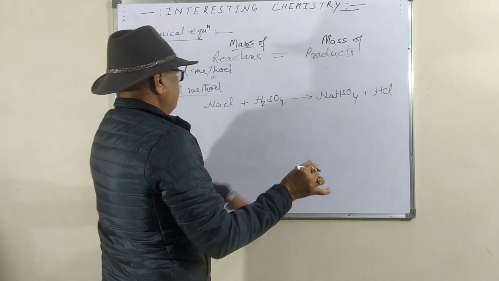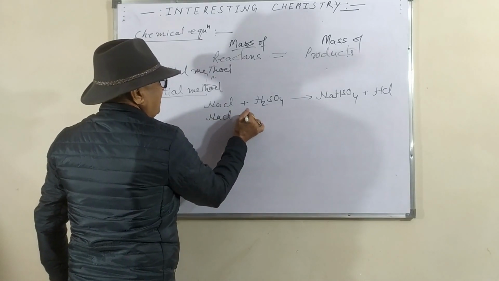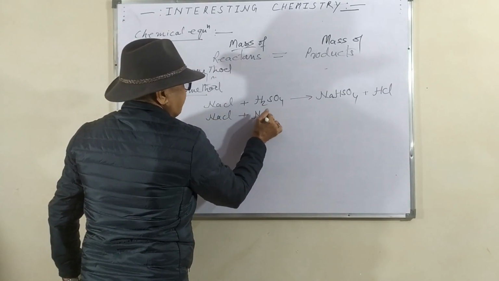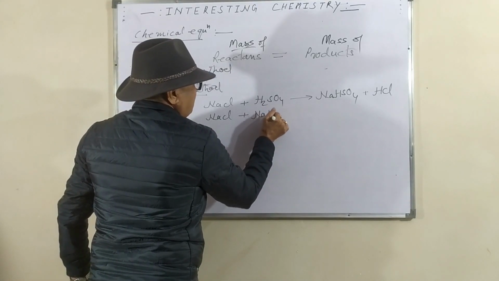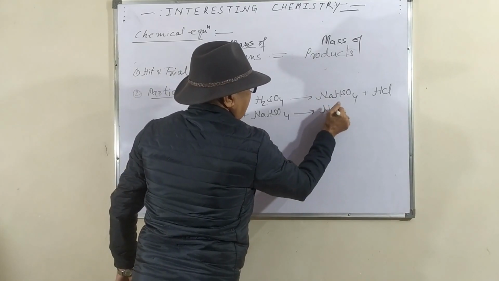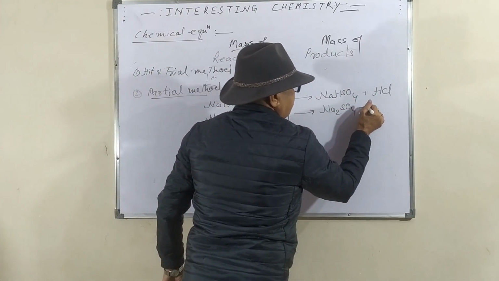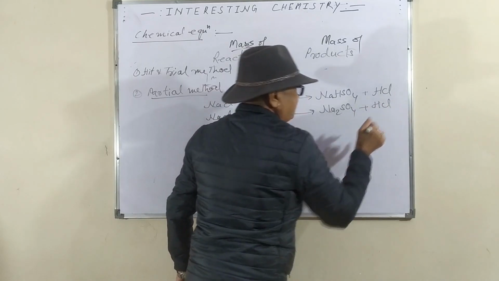Again, the second molecule of NaCl will react with sodium bisulfate to form Na2SO4 plus HCl.